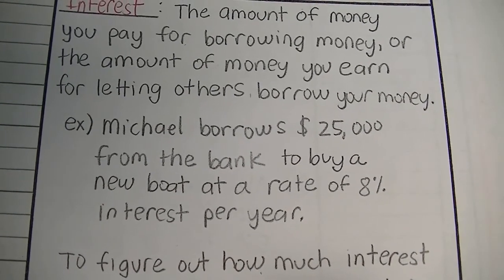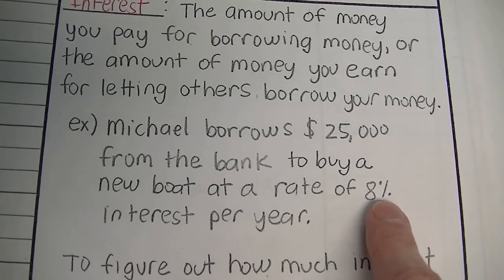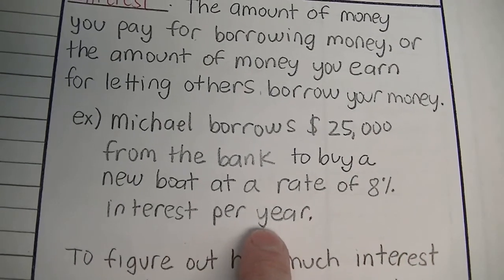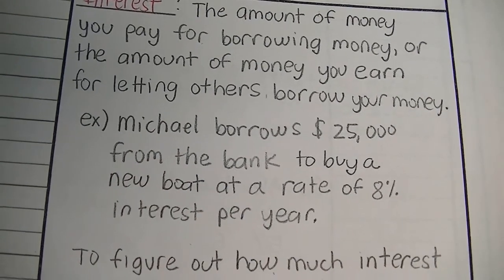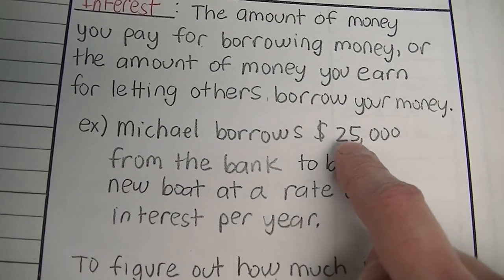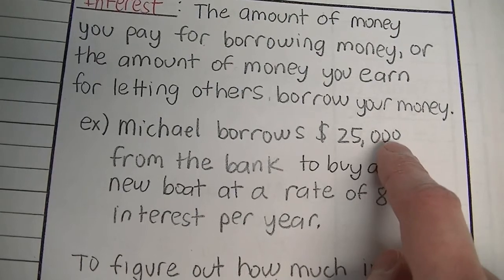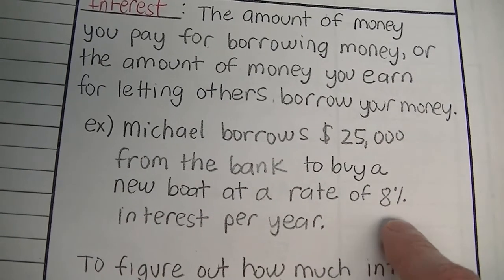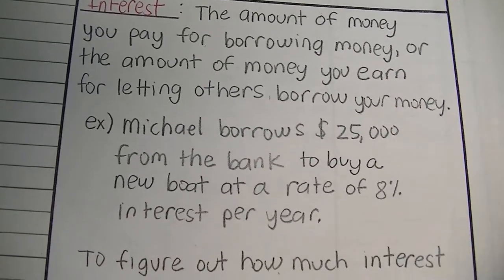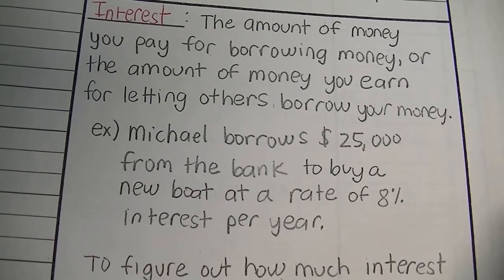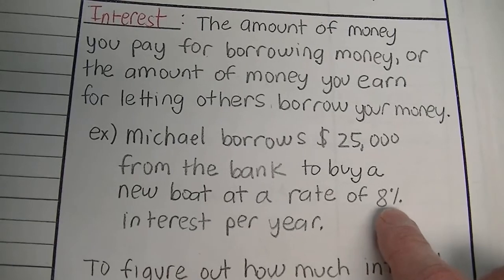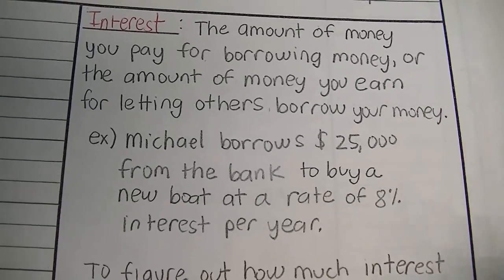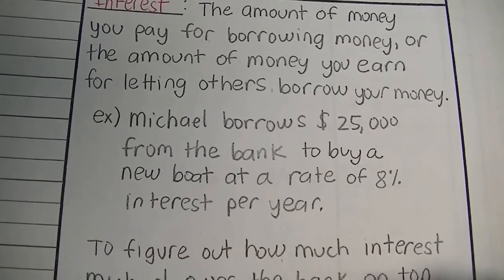And the bank says, sure Michael, but we're going to charge you 8% interest per year. So when Michael goes back to pay the bank, he's not just going to pay them $25,000, he's going to pay them that interest rate of 8% per year. If he pays it off in a year or less, it's going to be a lot better than if it takes him 10 years to pay back the bank, okay?